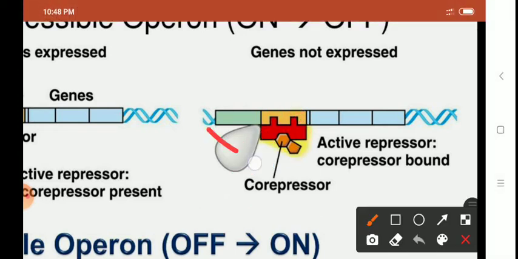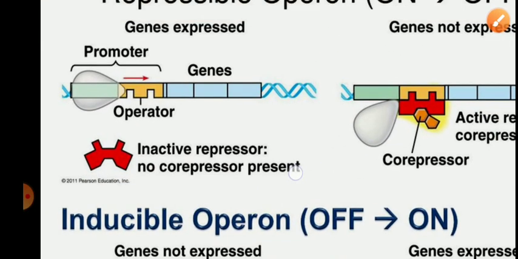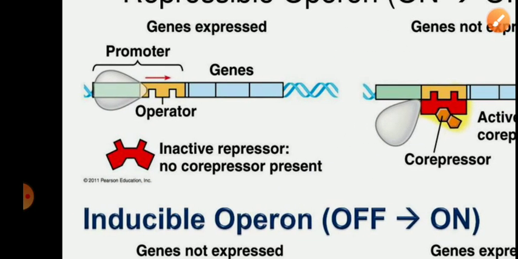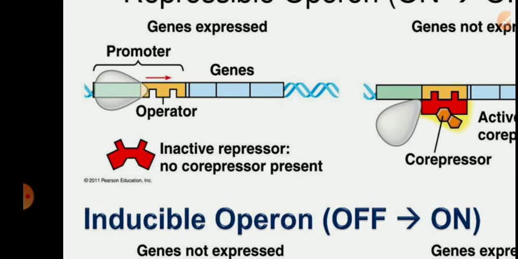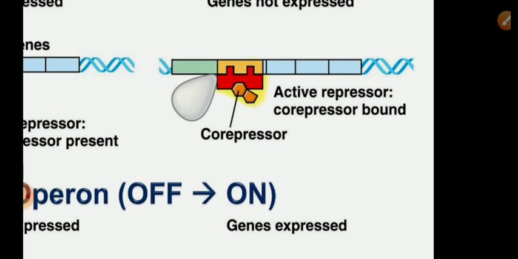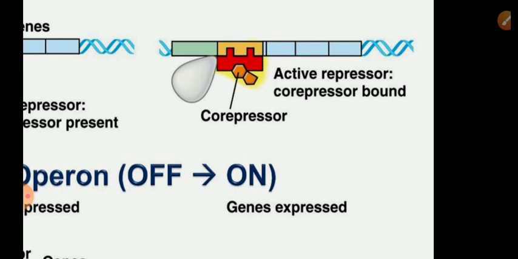Because RNA polymerase cannot move ahead, the expression of operon is blocked. That means structural genes do not produce RNA and do not produce any enzyme. So if co-repressor is absent, expression of genes will take place. If co-repressor is present, expression of genes will not take place.